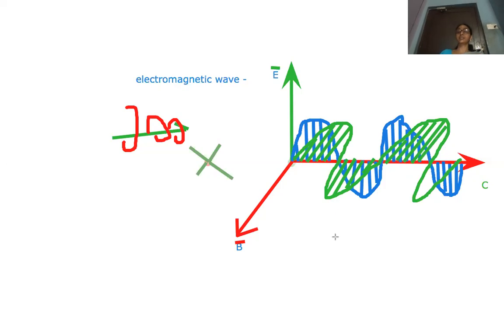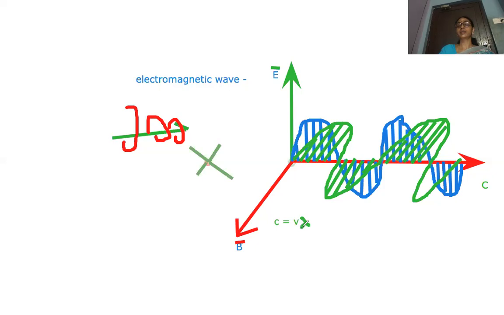So it goes like this, electromagnetic wave, and the velocity of the wave C is given by a formula here. C is equal to frequency, it is shown by the symbol nu, and lambda. So how did we come to this formula, nu lambda?